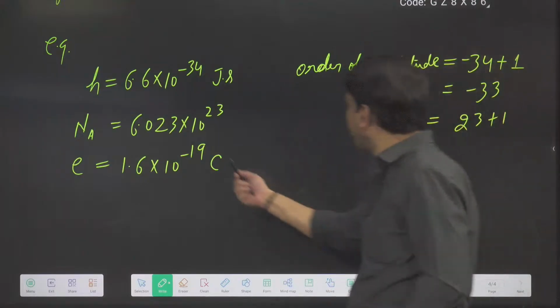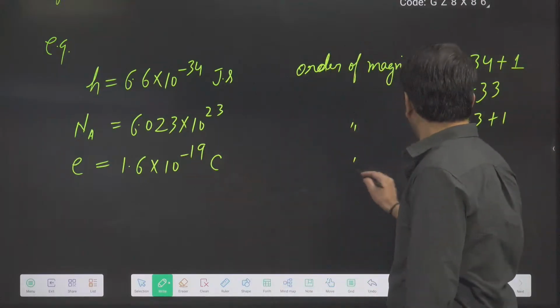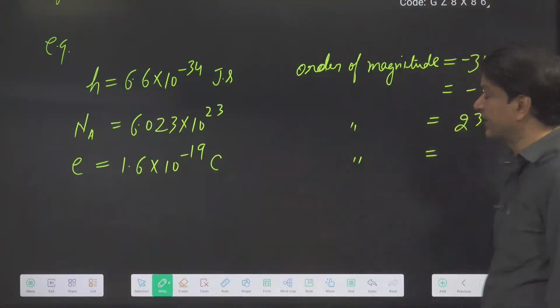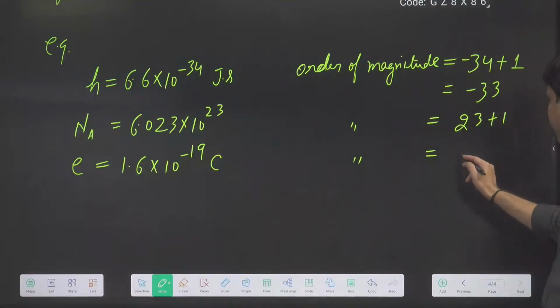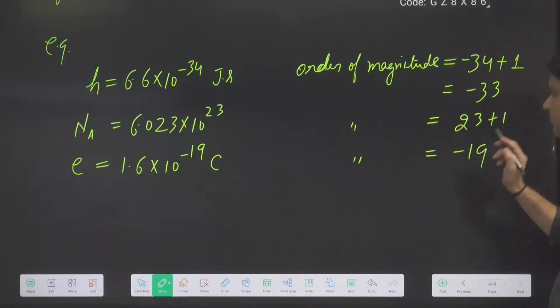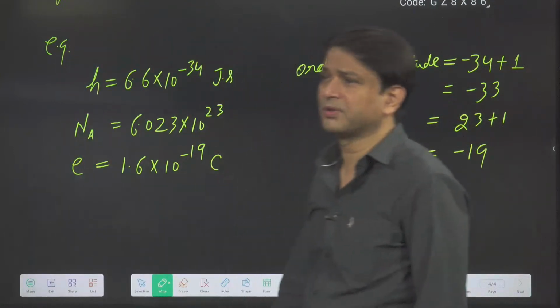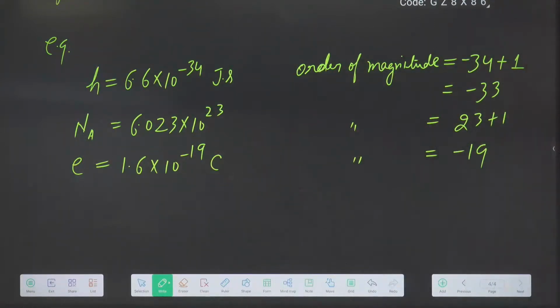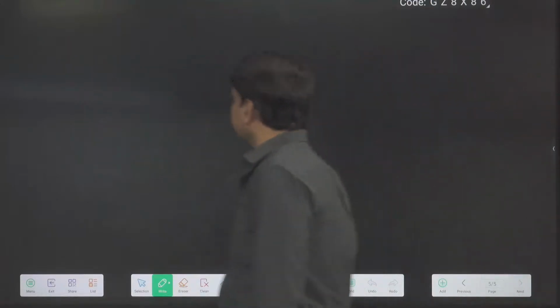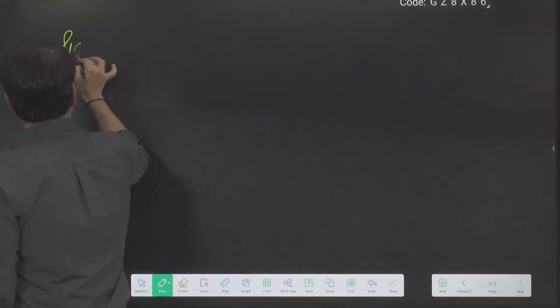Why? Here the power is minus 19 and the A value is 1.6, which is less than 5. So the order of magnitude is the power itself, so it is minus 19. So this is a simple small concept. Completed. Okay, now next is what?